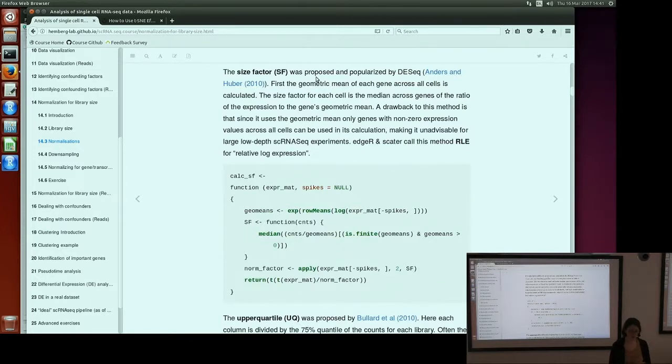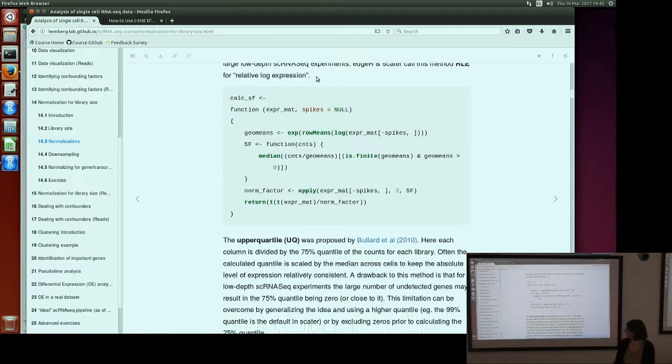The problem with this is that if you have a 0 for the gene expression level in any cell, then the geometric mean for that gene across all cells will be 0, and you will not be able to use that gene in this normalization factor. For bulk RNA-seq, that's not really a problem because you don't have a lot of zeros. For single-cell RNA-seq, this can mean you're using 5 or 10% of all of the genes in your data set in your normalization, which can, again, lead to biases in your results.